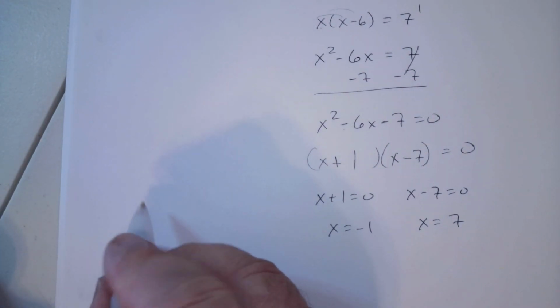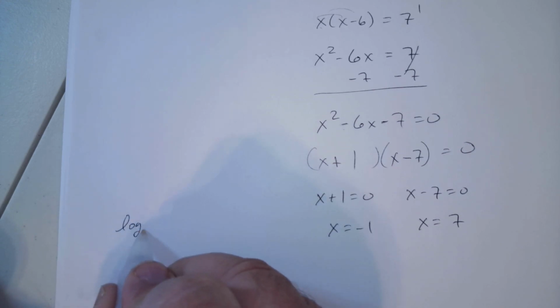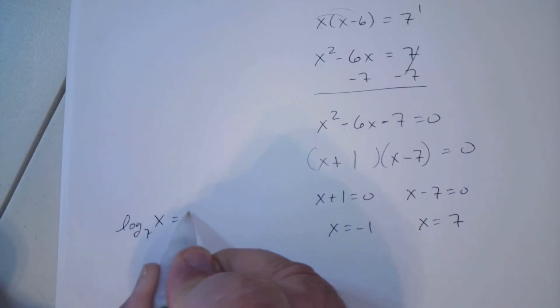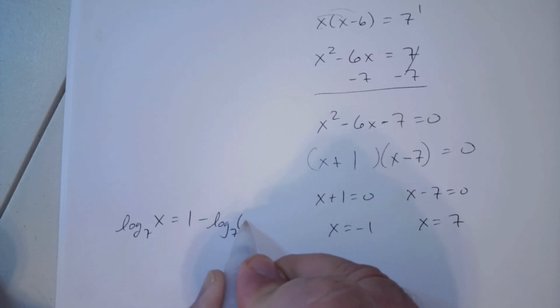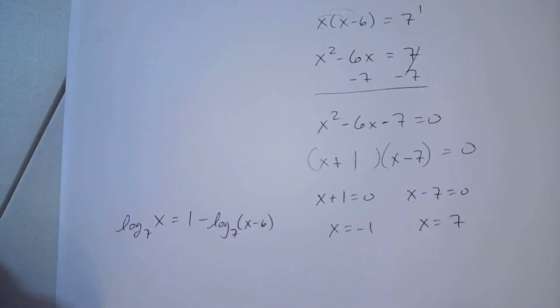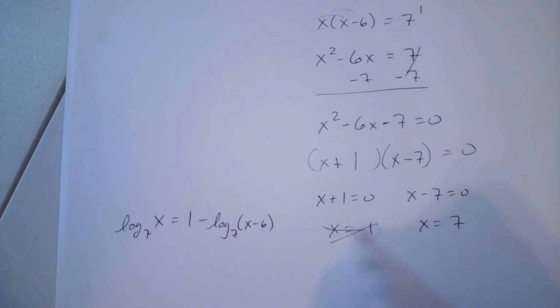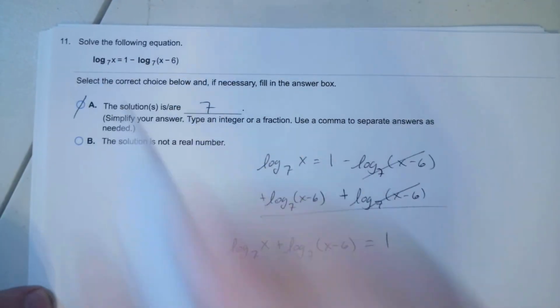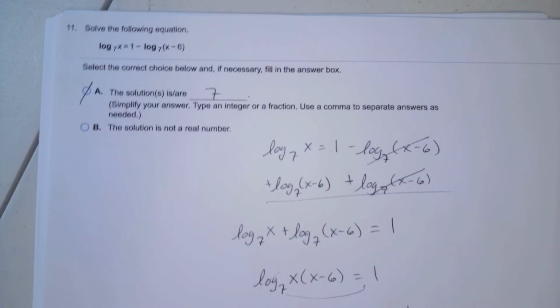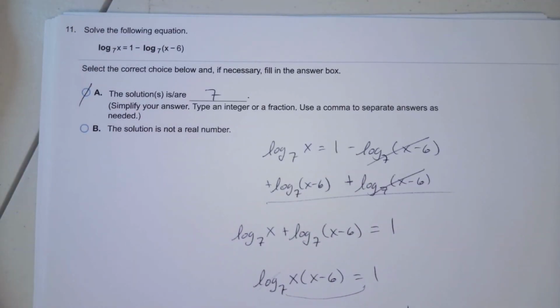Remember, looking back at our original equation, we had log base 7 of x equals 1 minus log base 7 of x minus 6. If we put in negative 1 in that one, it doesn't work. So the answer is just 7. Alright, good luck everybody. That's the last one of chapter 5.